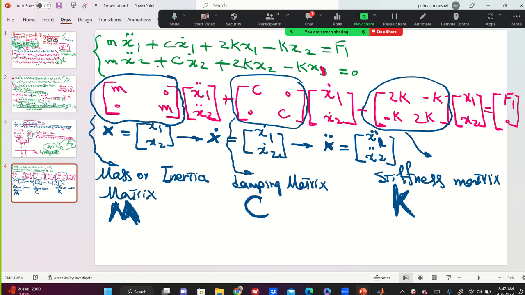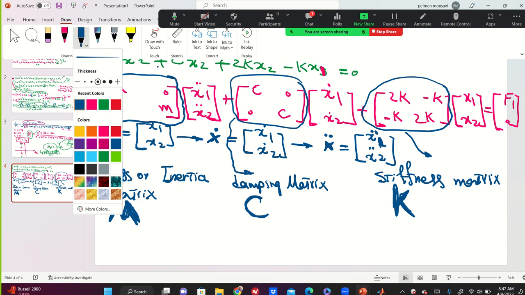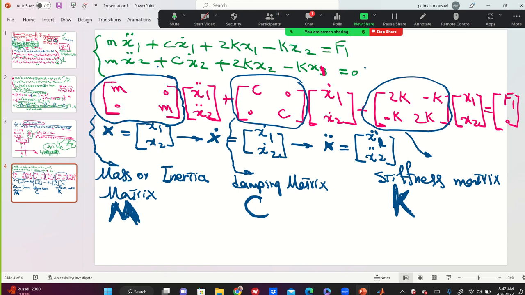So now you can write in the matrix format this fourth order system, or fifth order system, 10th order system. A 10th order system has a 10 by 10 mass matrix, a 10 by 10 damping matrix, and a 10 by 10 stiffness matrix.